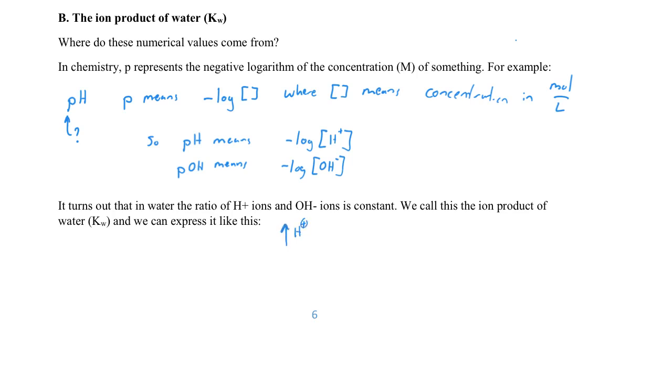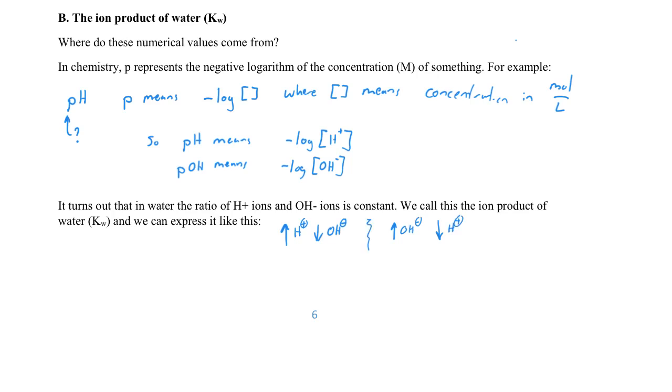In water, the ratio of protons to hydroxide is always constant, no matter what. So if you're increasing H plus, you have to decrease the hydroxide by exactly the same amount. Likewise, if you increase the hydroxide ion concentration, simultaneously the hydronium ion concentration also has to decrease by the same amount.